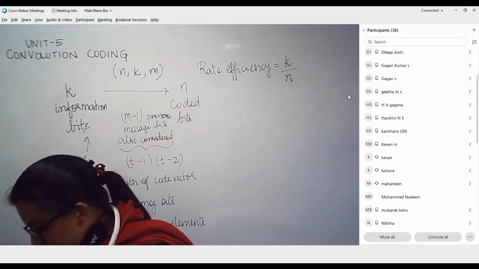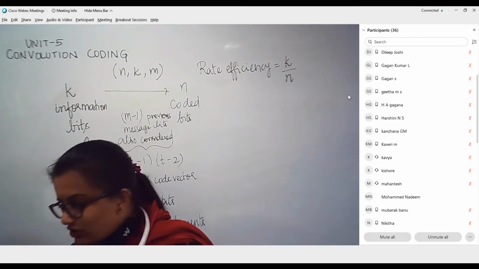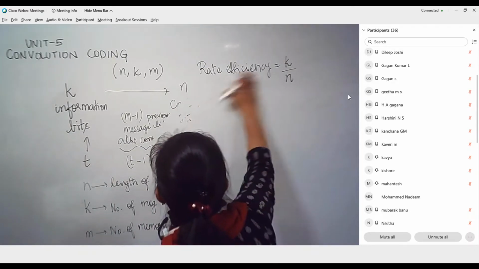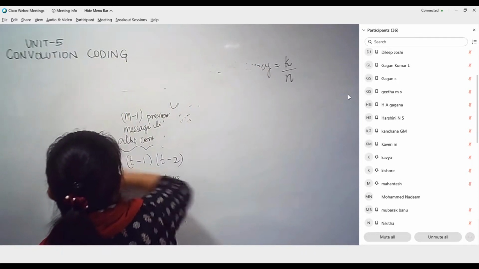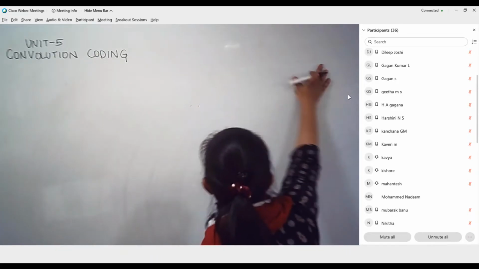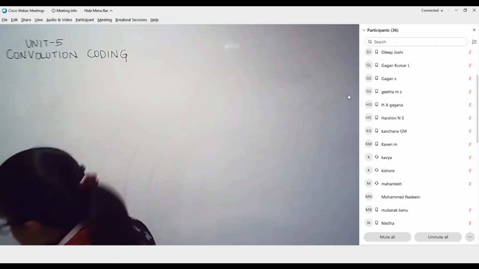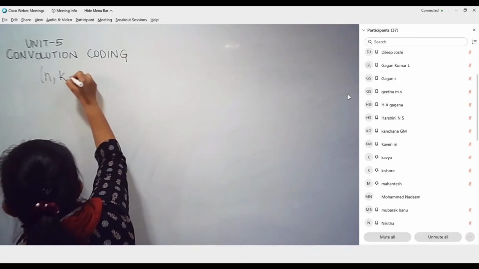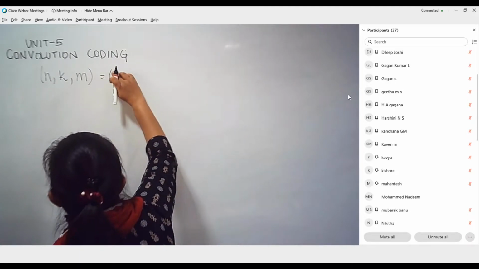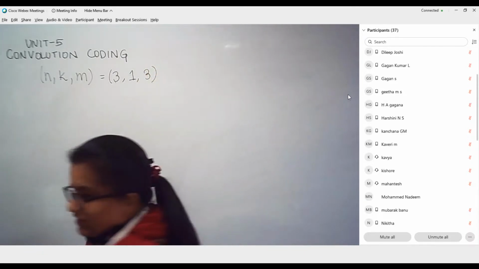So we will see one simple example so that you will be able to understand how this convolution coder is going to work. I'm writing the convolution coder which is denoted as (n, k, m). n is 3, k is 1, m is 3.